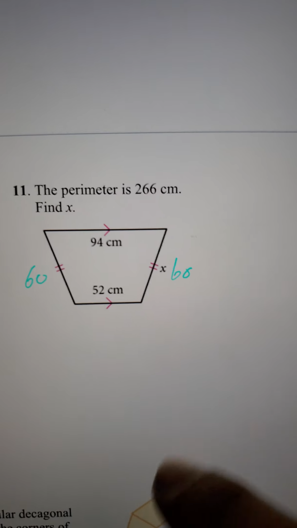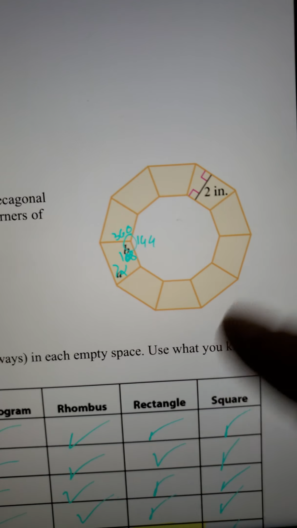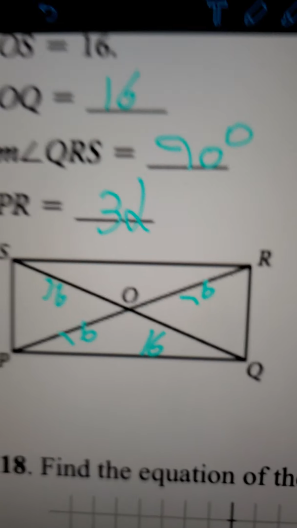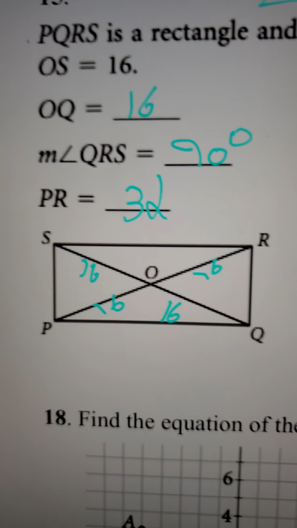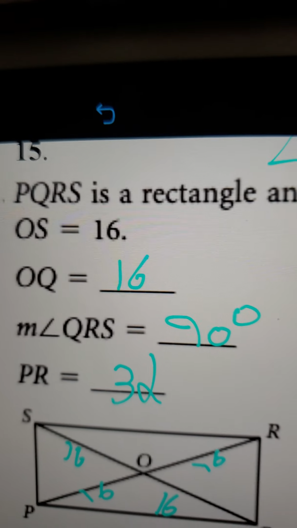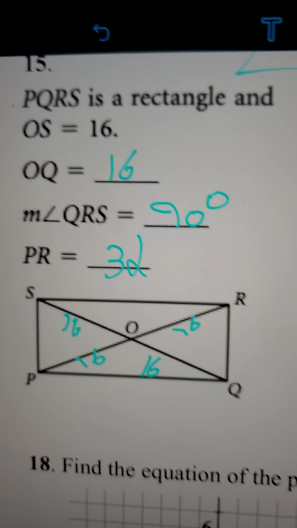We'll go to another problem, like this problem right here. This is a rectangle, and it says PQRS is a rectangle and OS equals 16.